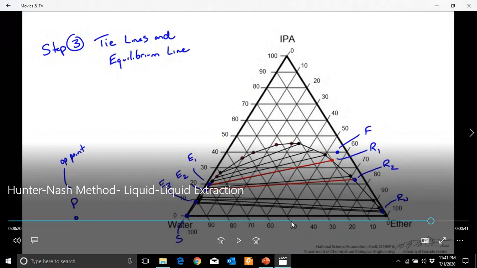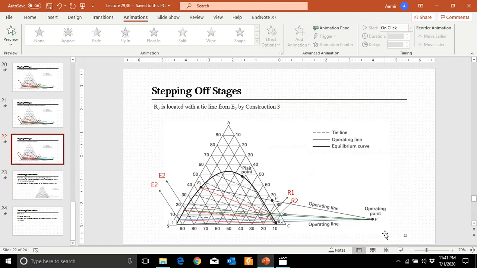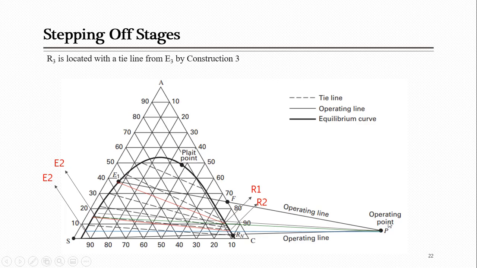Overall, up to here we are done with the main calculation of the number of stages. As I was saying, just look here in your lecture, you have seen that your operating point was located on the main Refinate side. So when you were connecting the line passing from P to R1, R2 and R3 or others, you have to extrapolate this line towards the main extract side.